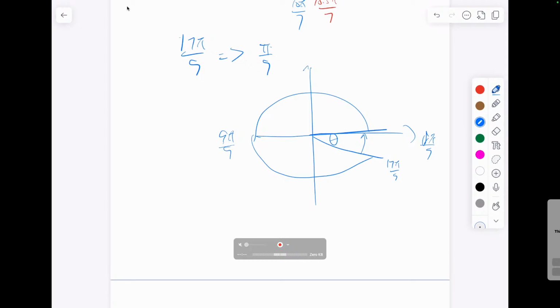Yeah, so what would it be? I got root 21 over 2, but I don't know if that's right. Root 21 over 2 is right.